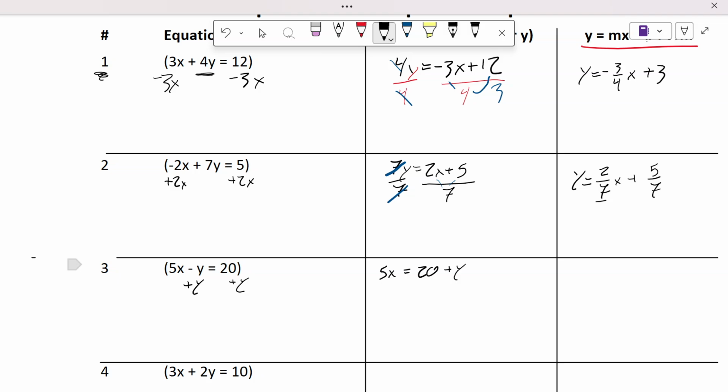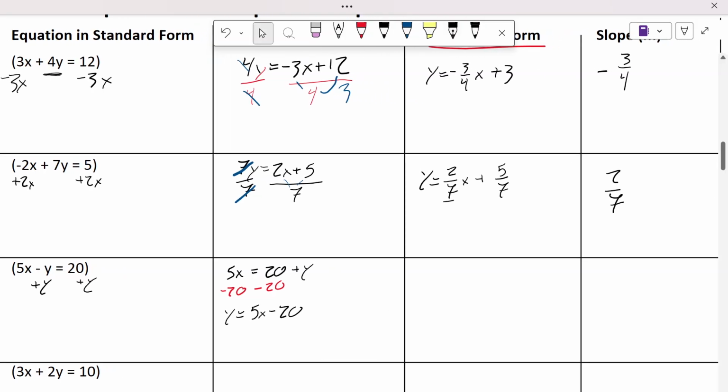Now we want the y to be all alone over here on this side. And so what we're going to do is subtract 20 from both sides, and that will give us y equals 5x minus 20.